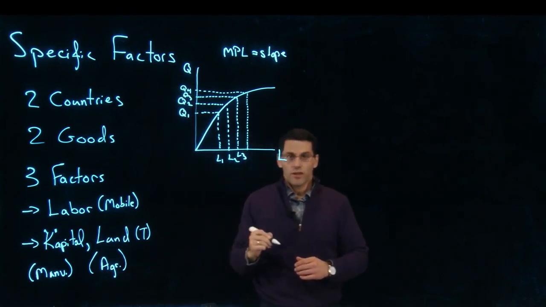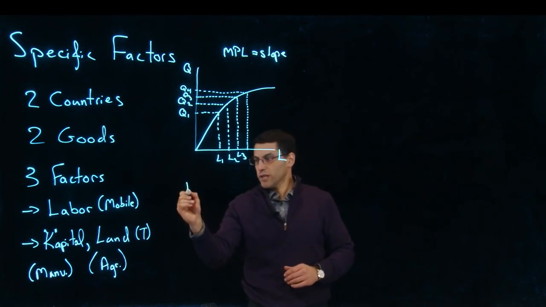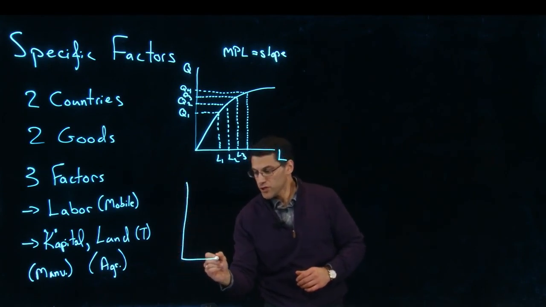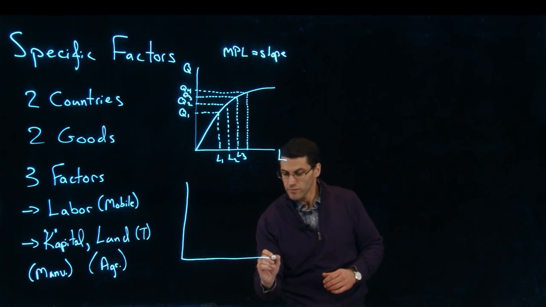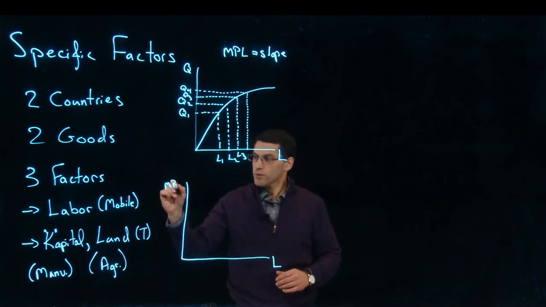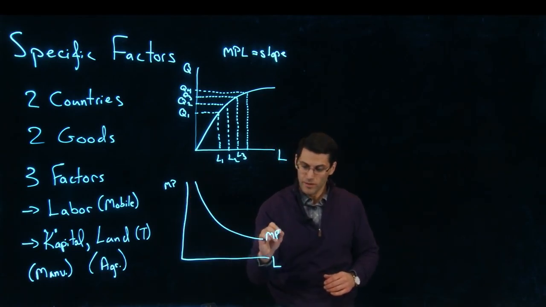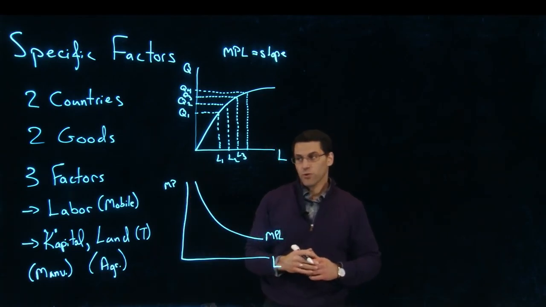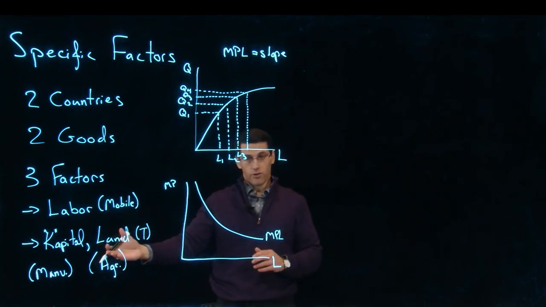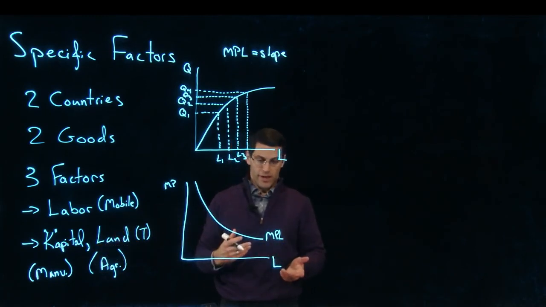That means that marginal productivity of labor is diminishing. Something like this. And that's going to hold true for both the agricultural sector and for manufacturing.